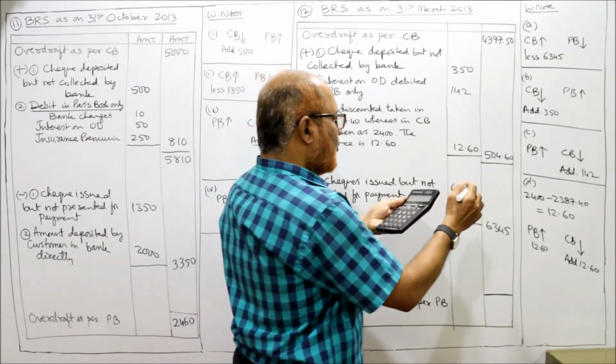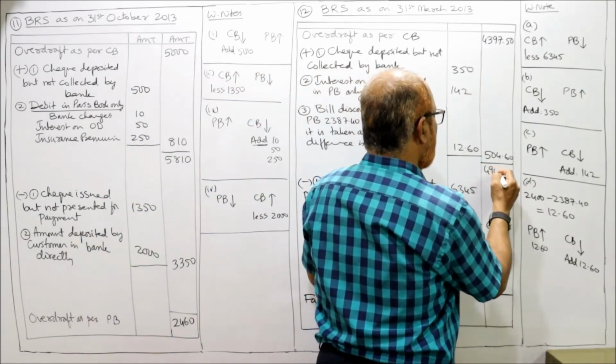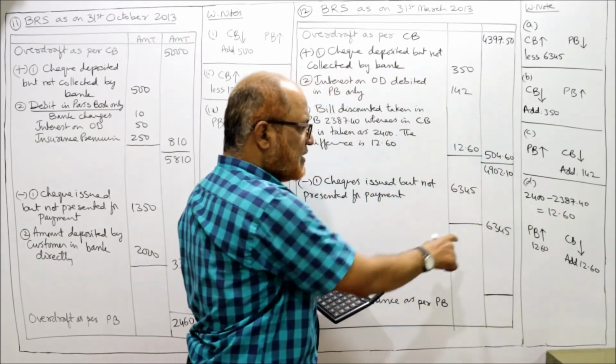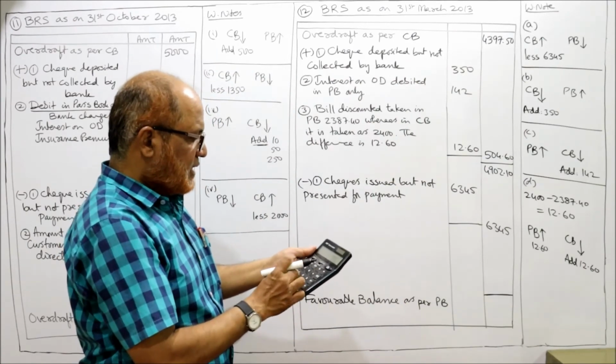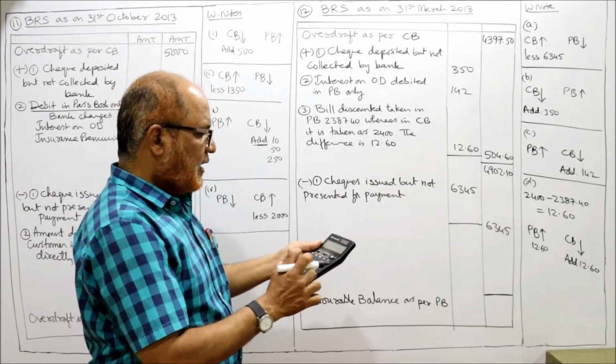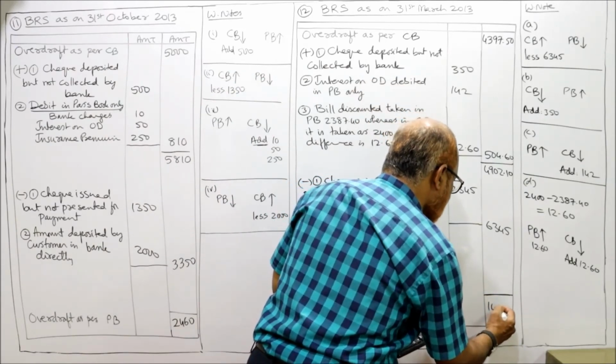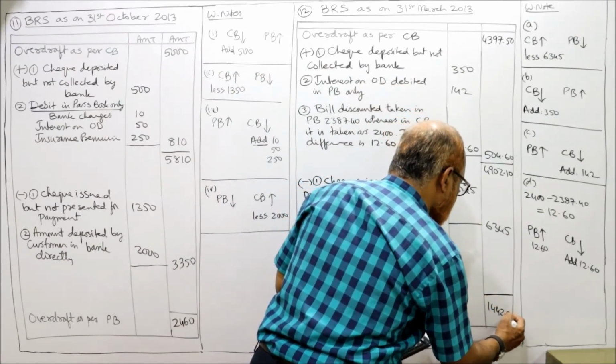That comes to 4902.10. From this we subtract 6345. It comes to minus 1442.90.